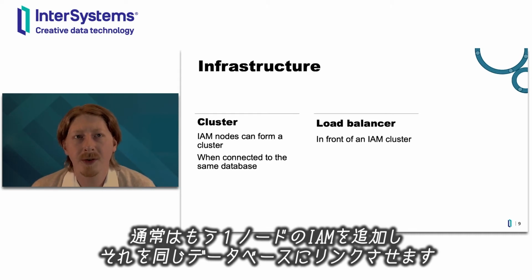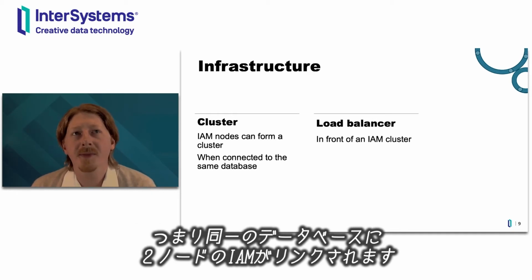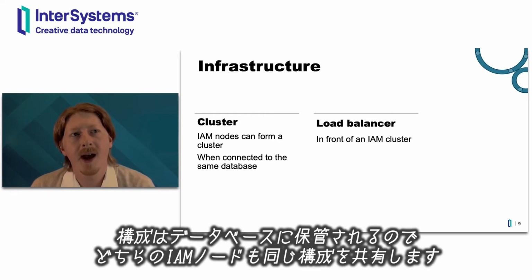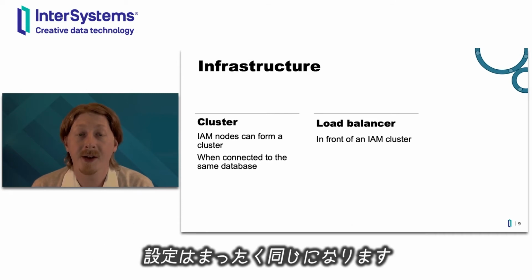But what you usually do for IAM clusters is you add another node of IAM and link it to the same database. So this means that you have two nodes of IAM linked to the same database, and because the configuration is stored in the database, both IAM nodes are going to share the same configuration. They're going to be set up exactly identical.